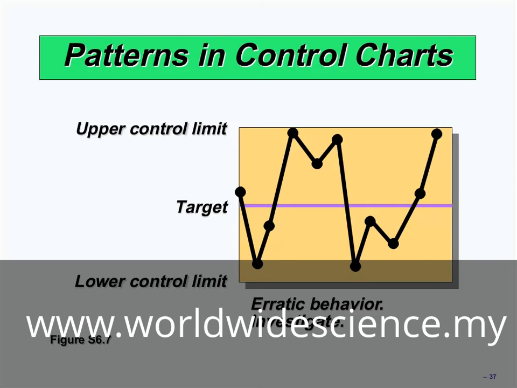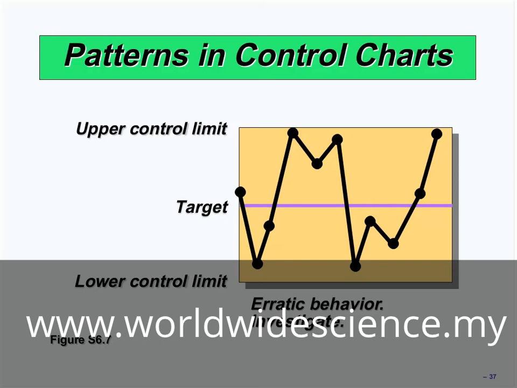But when all of the spots have fallen inside the area, you should look at the pattern. I told you some patterns that tell us the process may go wrong in the future, or may face problems in the future.